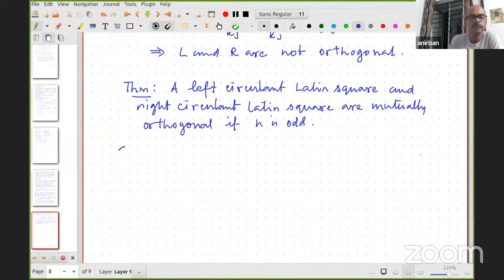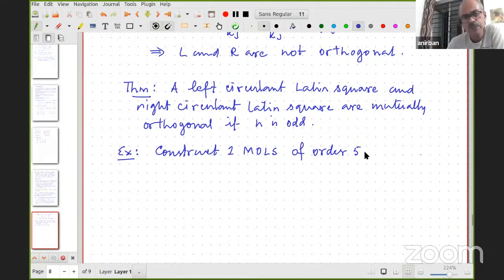So the simple exercise is to construct two mutually orthogonal Latin squares of order 5, so 5 cross 5.